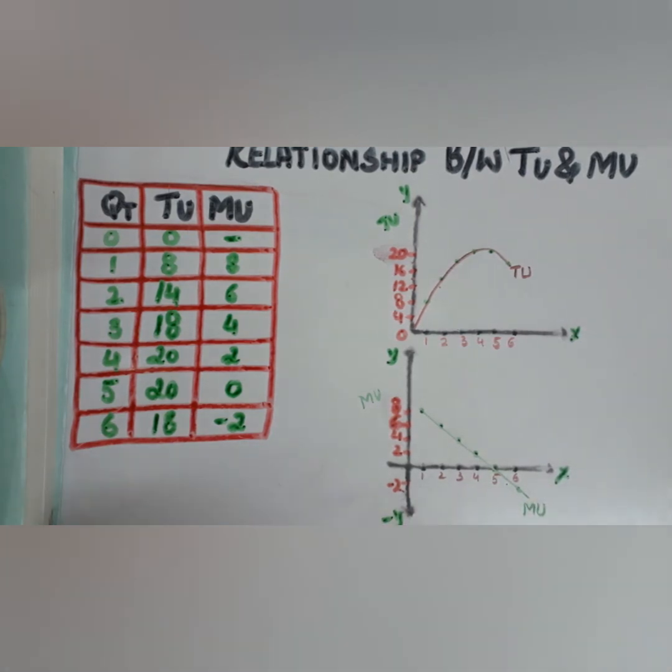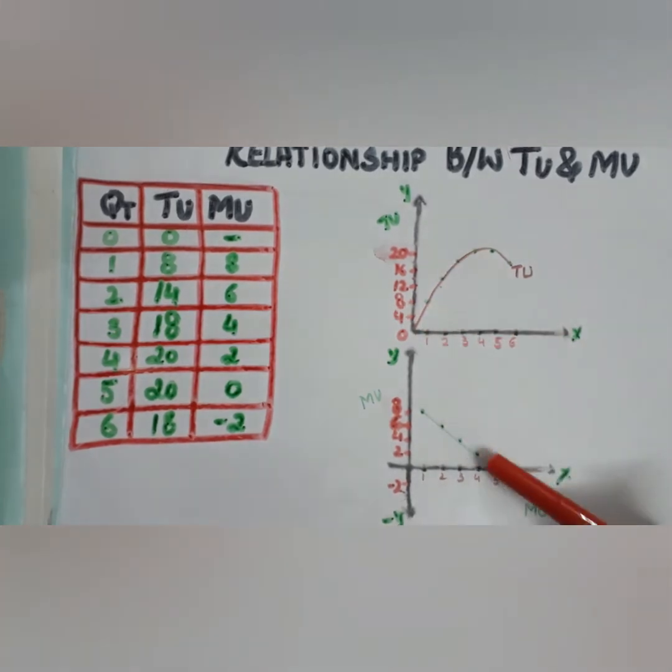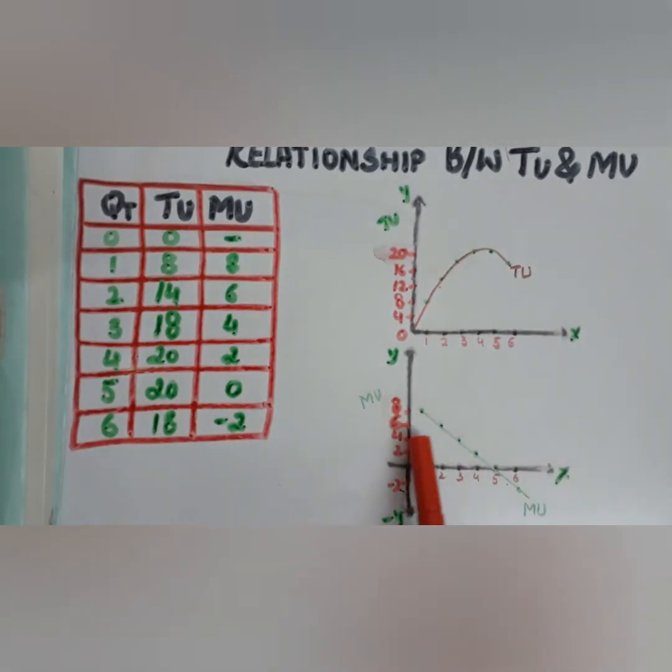So now we can talk about the important points we have to discuss in this. From this we are discussing the relationships. See the graph very carefully. TU continues to rise as long as marginal utility is positive.